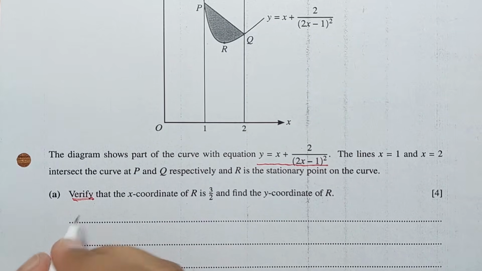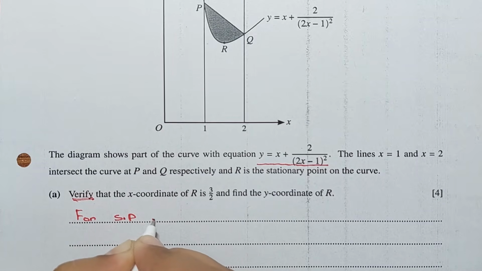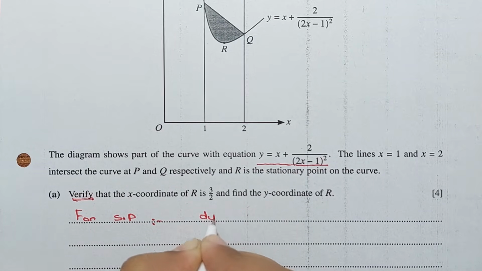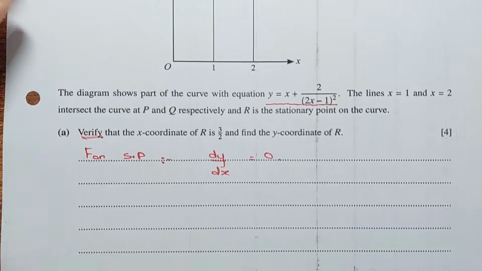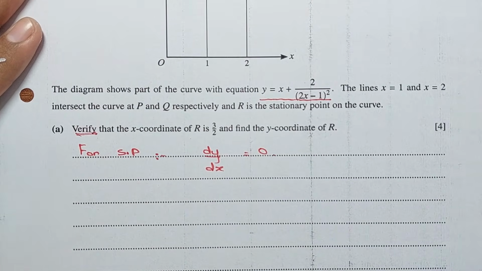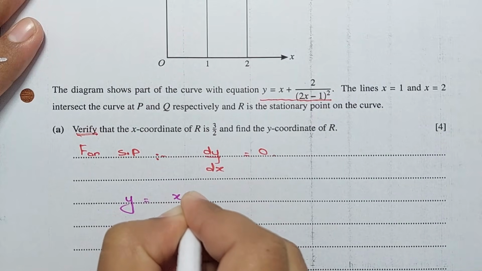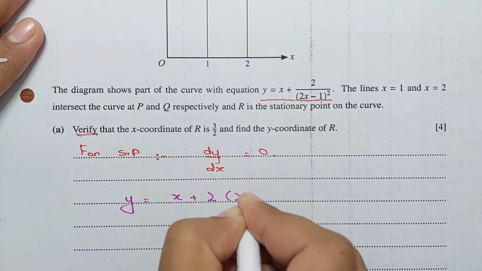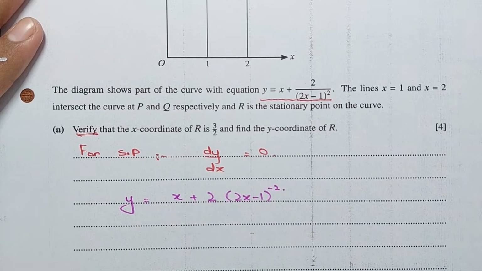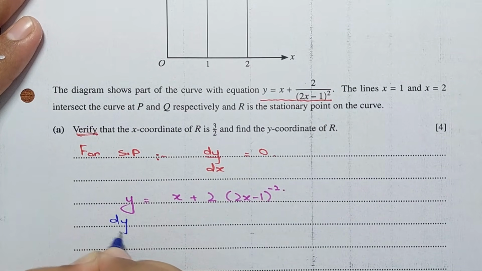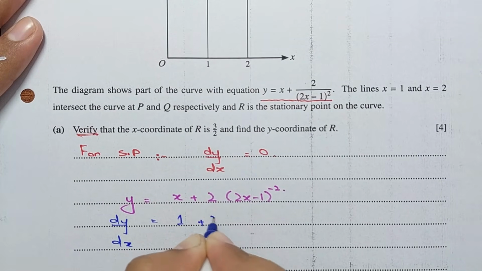Okay, so for stationary point, what we have to do, we have to put the first derivative dy over dx is equals to 0, right? So what is your function y? Y is x plus 2 into 2x minus 1 to the power minus 2. And let me solve for dy over dx. dy over dx is x derivative is 1. 2 is a constant term.